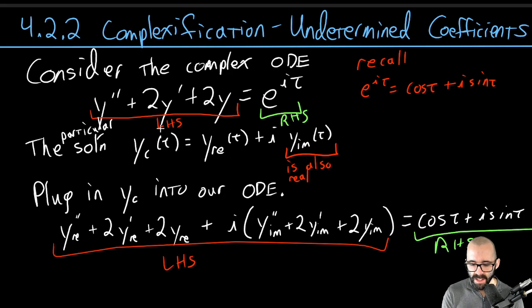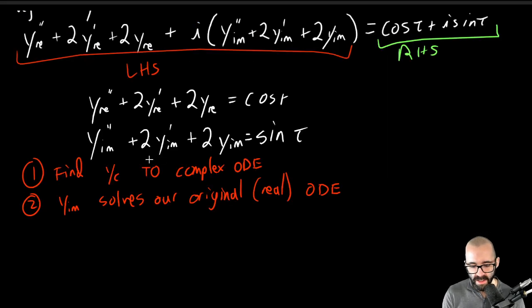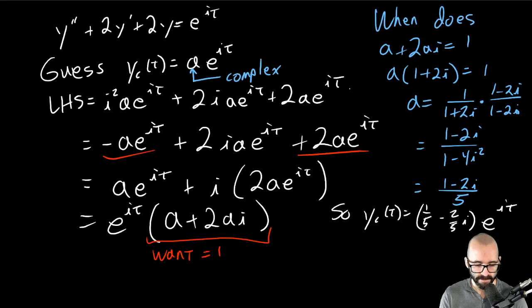We said, okay, look, we could look at this complex ODE and notice that the imaginary part of our complex valued particular solution is going to be a solution to what we need. So we found y_c, and we noticed that the imaginary part is going to solve our original differential equation. So we just need the imaginary part of this, and that'll be our particular solution right here.